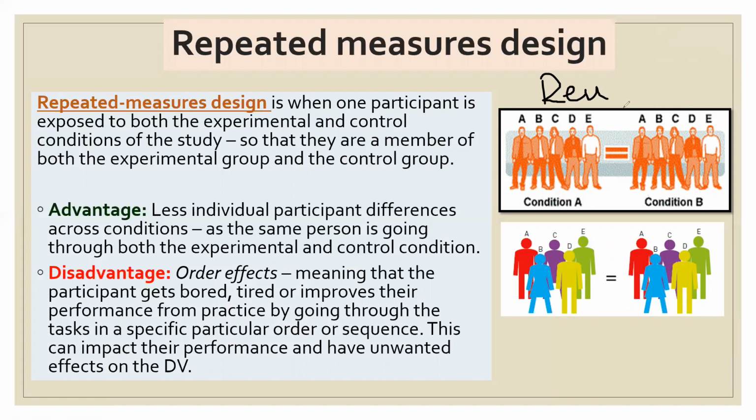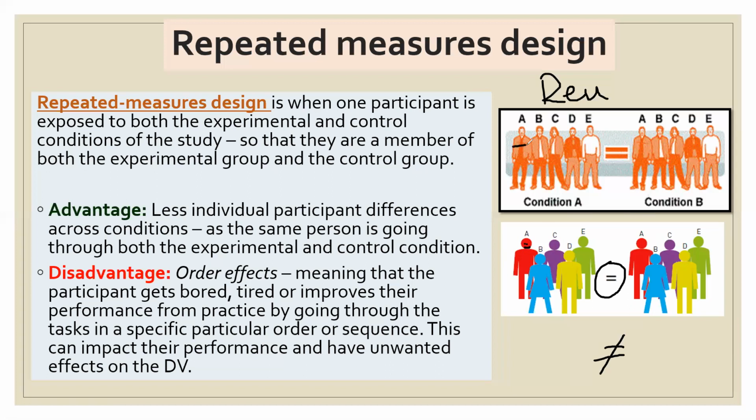So if you have a look, the previous slide had this sign, not equal to, but this slide actually has an equal to sign because person A, maybe we'll call him Ben, is literally going through the experimental condition, and then that same Ben is going through the control condition. He participates in the experimental group and then later also participates in the control group.